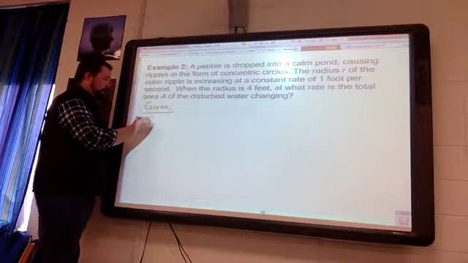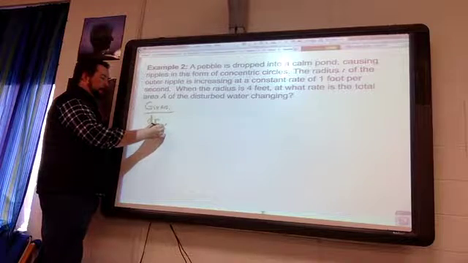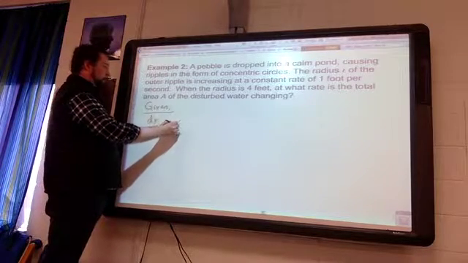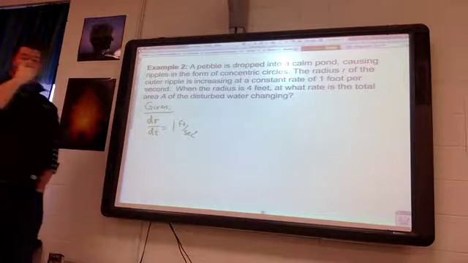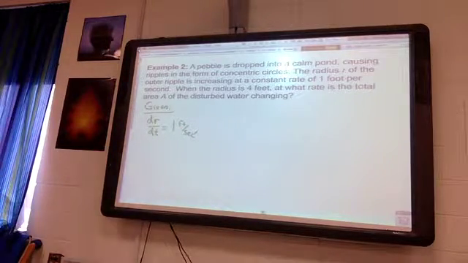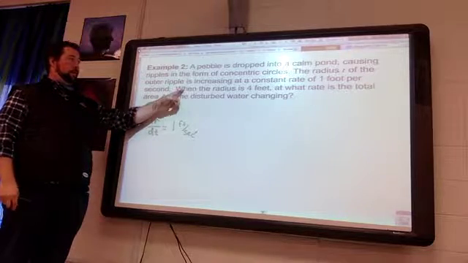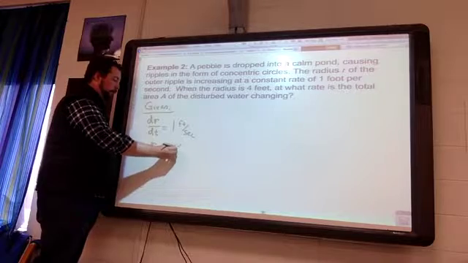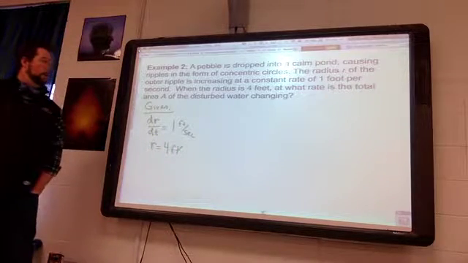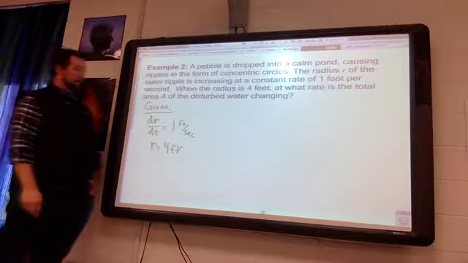But in this case, the rate at which the radius is changing, dr dt, is equal to a positive 1 foot per second. They also tell us the radius is 4 feet. The diameter would be 8, but I don't think I need that.